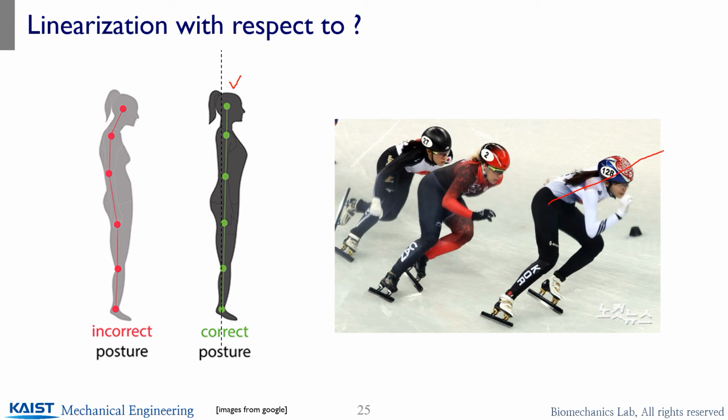And suppose that you want to analyze some sports motion, and this player maintains a bending posture. If you want to analyze the load at the lower back, joint torques, etc., you should linearize the equations of motion with respect to the bending posture, and it's going to be a really fun topic that you can work on by yourself, maybe as homework.